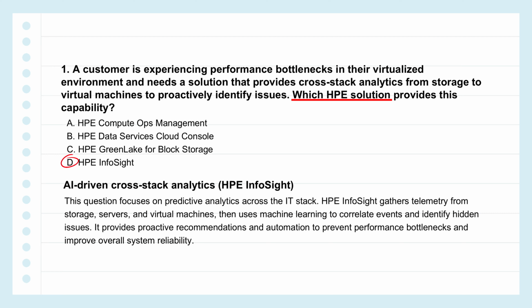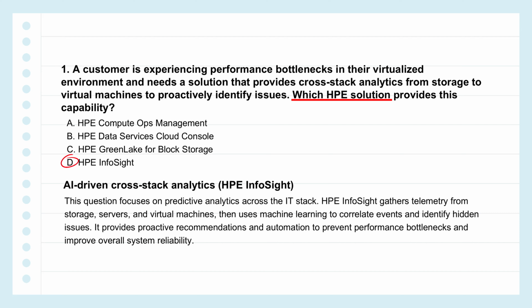So if there's a bottleneck, you're manually trying to correlate timestamps between 3 different dashboards. Which is just a nightmare. A total nightmare. But InfoSight collects telemetry from the storage, the servers, and the virtual machines simultaneously, right? Yes, and it applies machine learning to that global data lake. It detects anomalies by recognizing patterns, so it actually predicts issues before they impact performance.